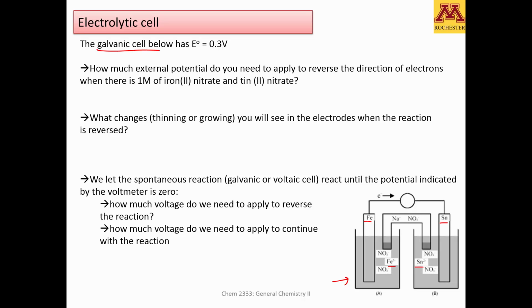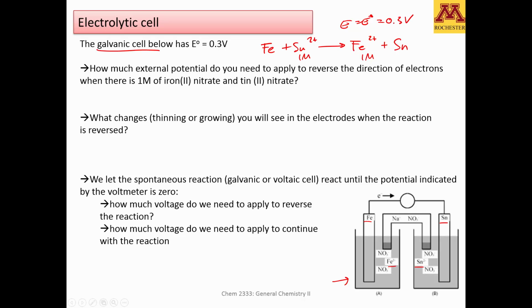And for the direction of the electrons, the spontaneous reaction is such that you will have iron oxidizing and tin reducing. And when this is 1 molar and this is 1 molar, the other ones are solid, then the voltage indicated is equal to the standard one, and this one is 0.3 volts.